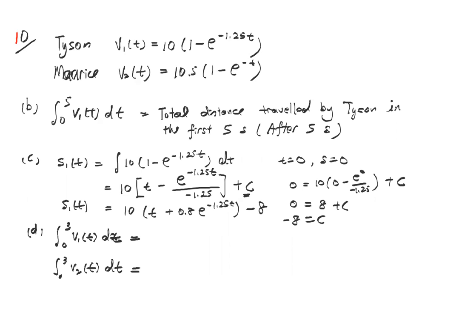Okay, show that Tyson completes the 100 meters in approximately 10.8 seconds. I'm going to explain this because the question says show. The question says show, correct? So what you can do is you just key in here. You write down this and you calculate the value.